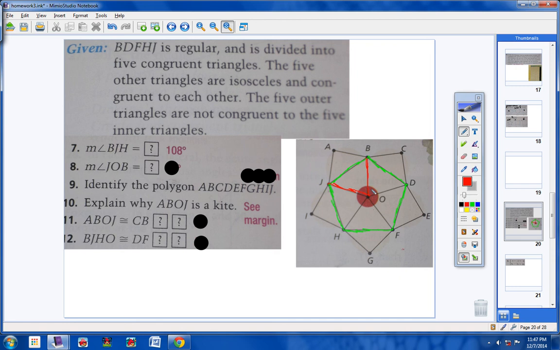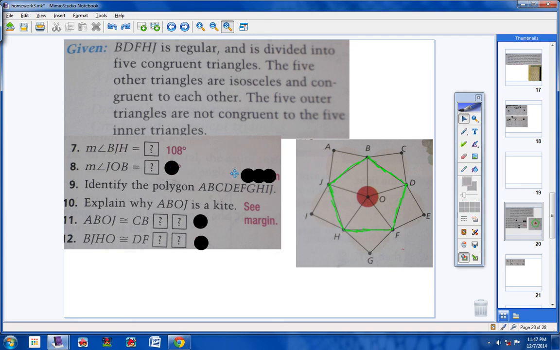Look, inside here, all 5 of these angles make a complete circle. That means if you add up all 5 of those angles, you'll get 360. How many angles are there? 1, 2, 3, 4, 5. So 360 divided by 5 gives you 72 degrees. So that angle there would be 72 degrees.